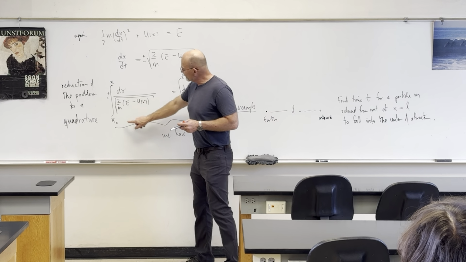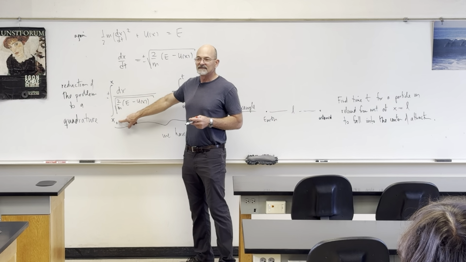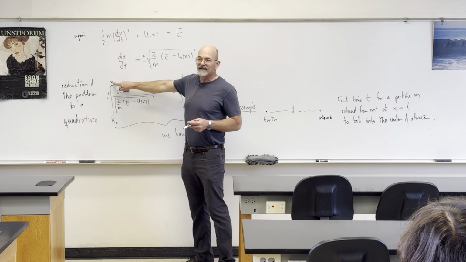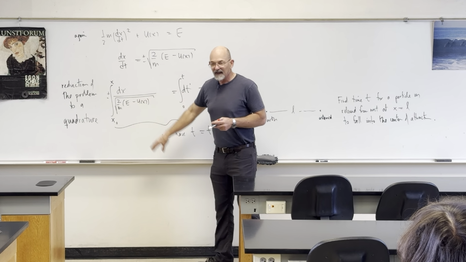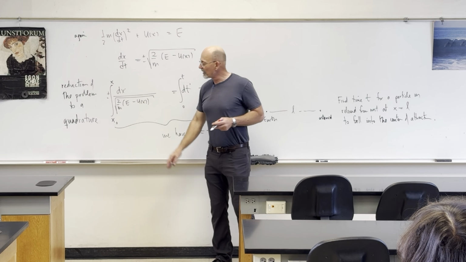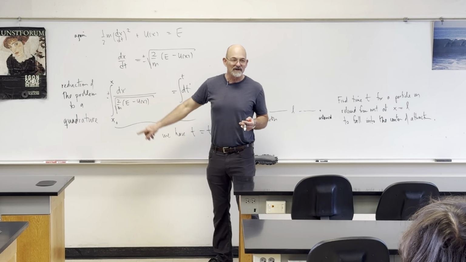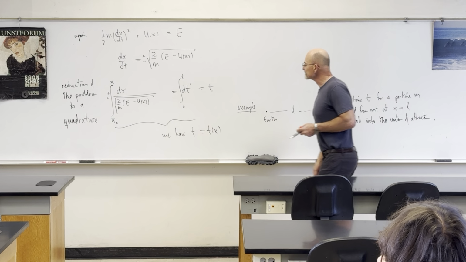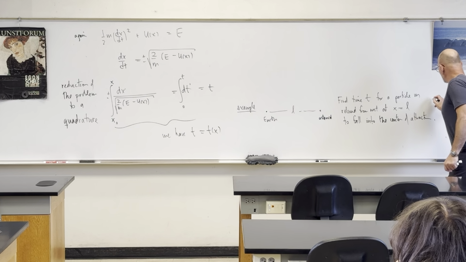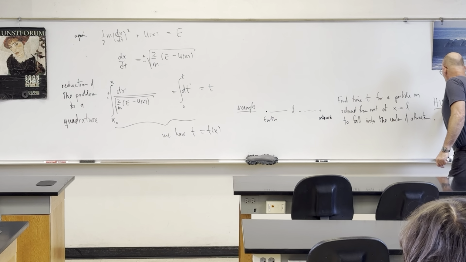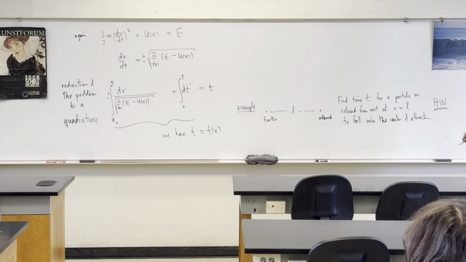I'm releasing it from rest at L. It's falling into 0, and I have to plug in my energy and my potential energy function. So good. This is a really nice problem, and we're just going to set it up systematically.